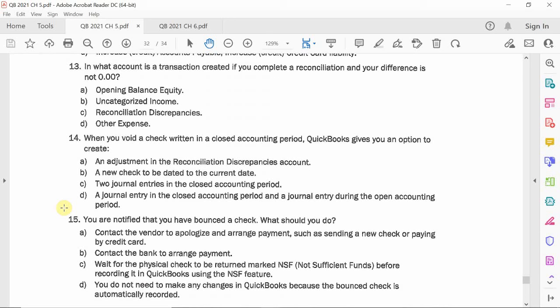Yes, D is correct, right? It's going to allow you to create a general journal entry in the closed accounting period, and you make the general entry accordingly. Now, again, we'll talk more about general journal entries in chapter 14 because usually general journal entries are meant for making those minor adjustments at the end of a given accounting period or even in a closed accounting period. Okay, so again, this was due to your reading, but we will talk more in depth in chapter 14.